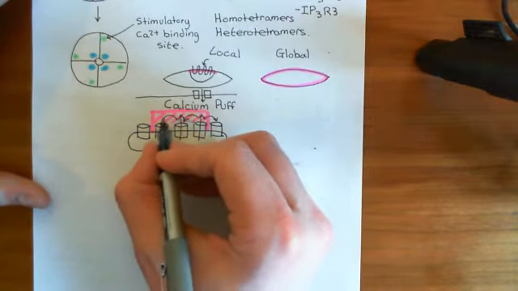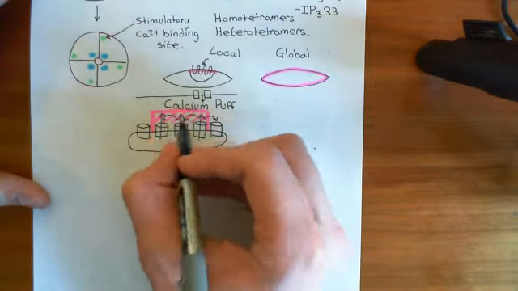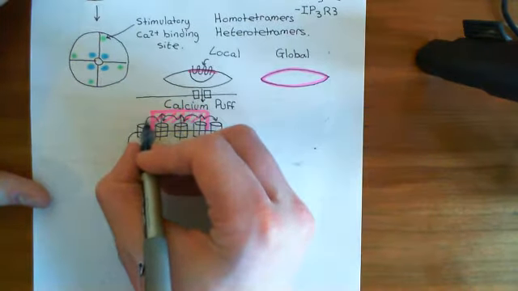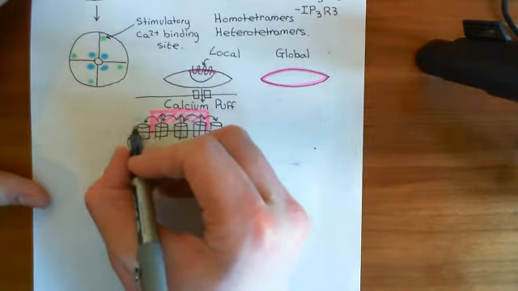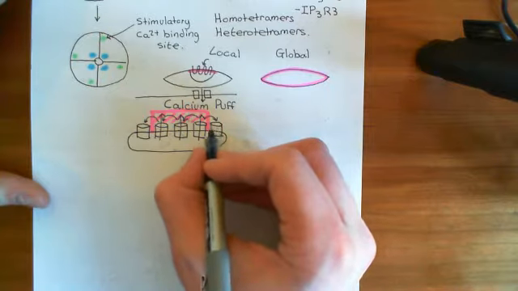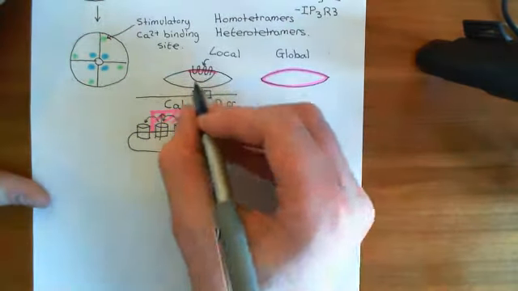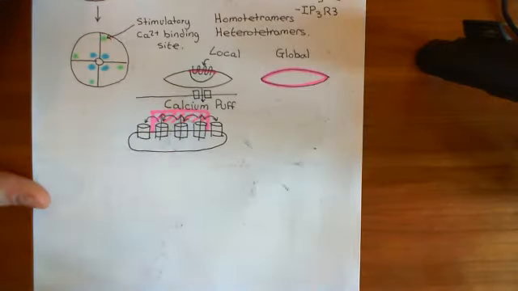Then the calcium will spill onto its neighbour, and it again has IP3 bound to it, so it will be activated to open. Calcium will spill onto this one, and this one doesn't have IP3 bound to it, and it's the same scenario for this one over here. These ones around the point where the IP3 went up don't have IP3 bound to them.